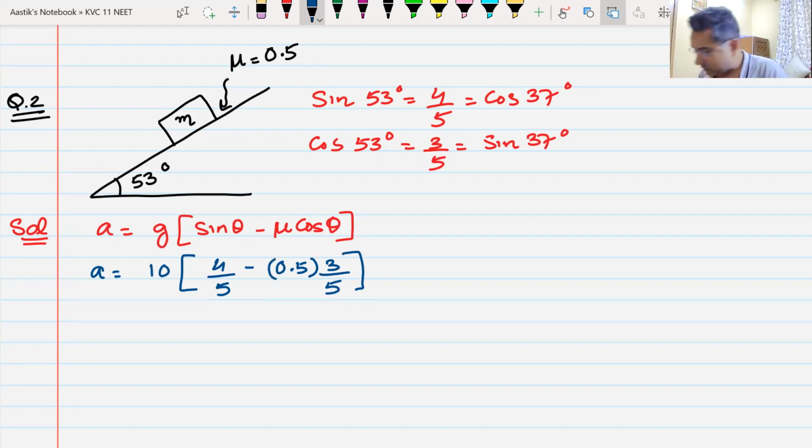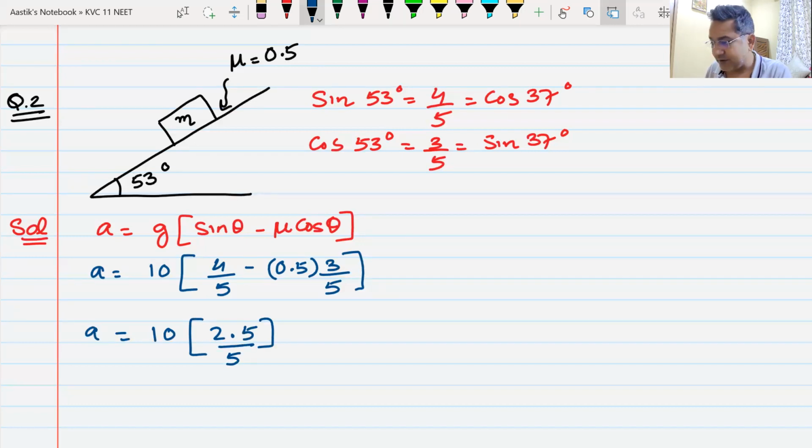I hope you know how to solve this. So what will I get when I solve this? Outside it is 10. Inside it is 4 minus 1.5, so it is 2.5 divided by 5. And the answer is 5 meter per second square. That is the answer that you should have got.